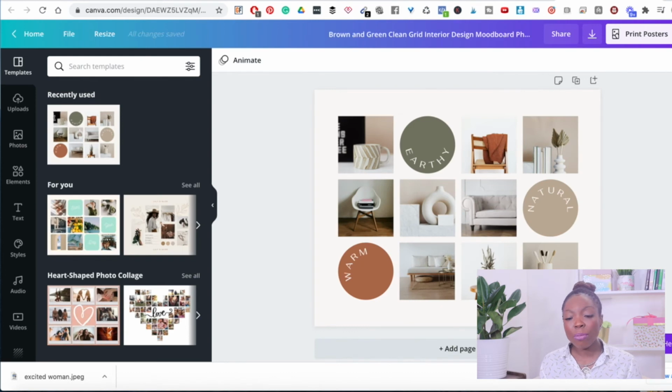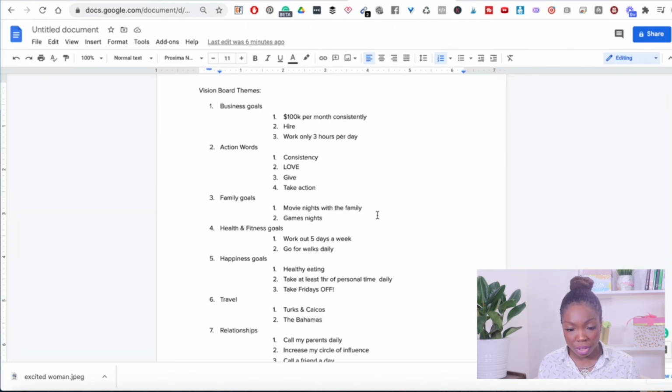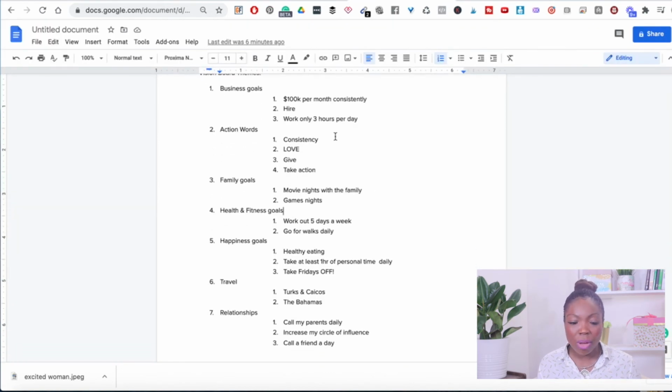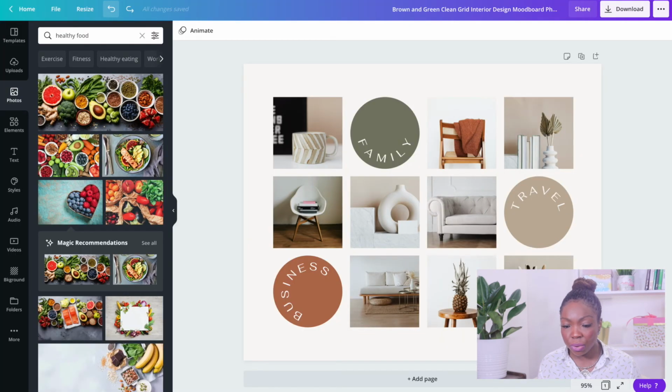Now moving forward, once I have this, the most important thing is to go over to my document and start adding things. I might begin by adding my action words in there. So I'd go back over to Canva and add those action words into the right places. I might move them around on the screen so that it looks good to me. If I don't like the template, I might choose a different one.